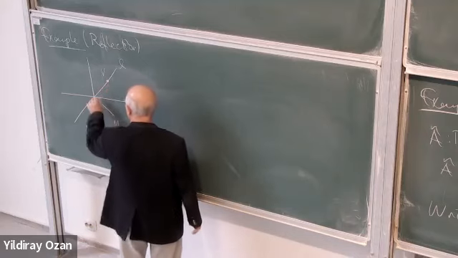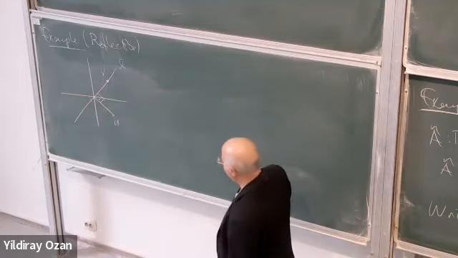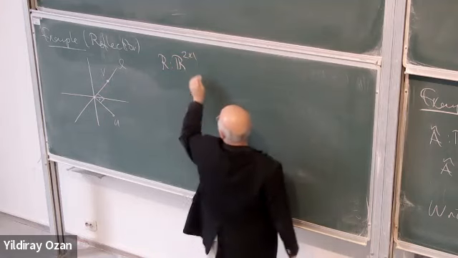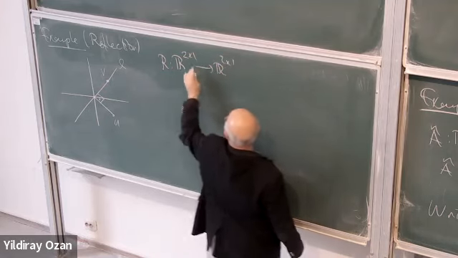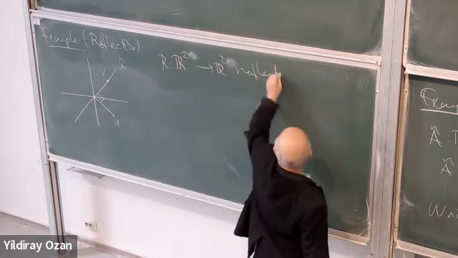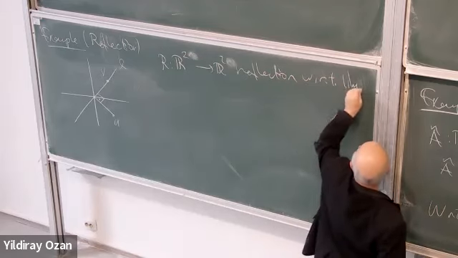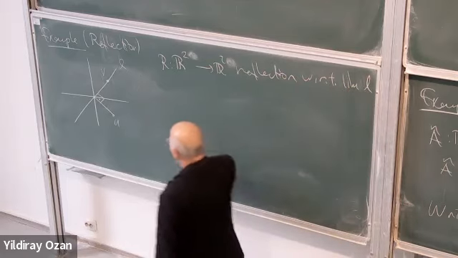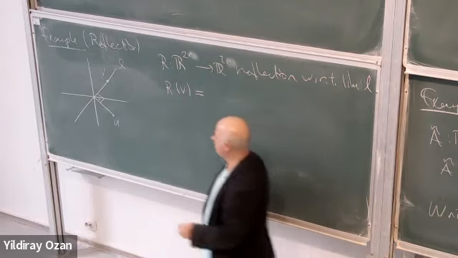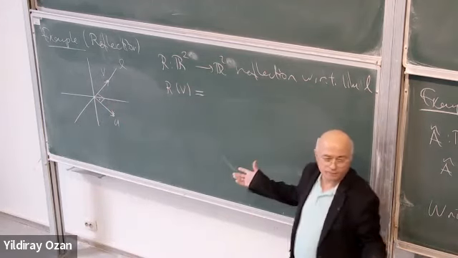Let me choose a direction which is perpendicular to this one. Let's say this is U and this is 90 degrees. Okay. So the reflection from R2 to R2, reflection with respect to the line L. The vector V is mapped to itself by this reflection, right?